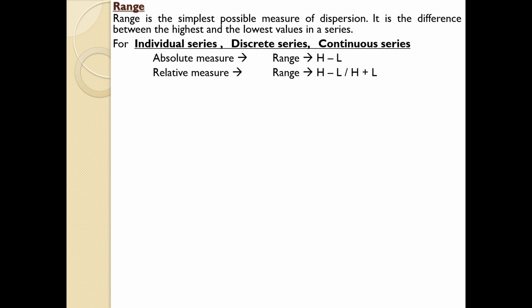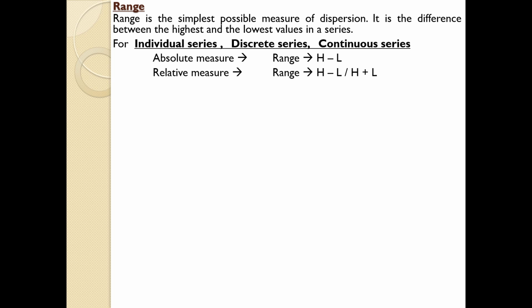But in case of comparing two distributions with different units, like if you are given a question where one set of details is regarding the height of students and another set of details regarding the weight of students, in that case the two different items are on different units or scales. One is on the basis of height, another is weight.